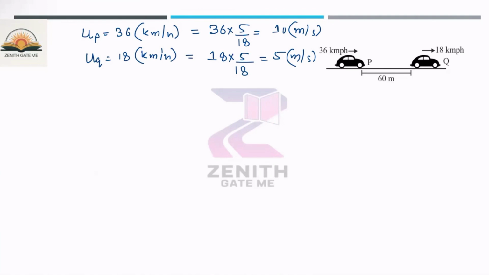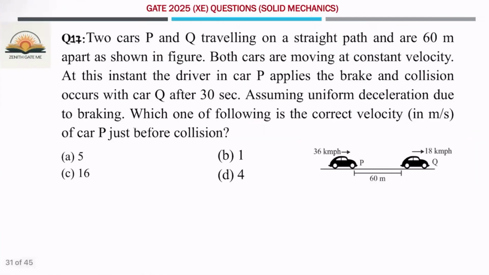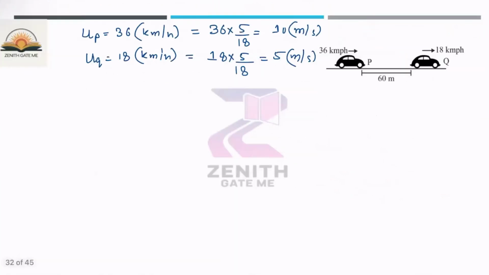Okay. Now, if you see this particular diagram, the distance between P and car Q is 60 meter at this particular condition. So can I write the displacement XP minus XQ, which is 60 meter? So what is the displacement?